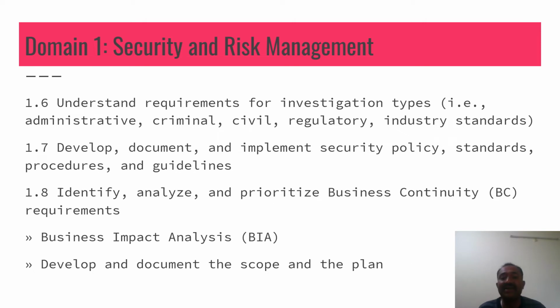Identify, analyze, and prioritize business continuity requirements. As part of the business continuity requirements, there should be a business impact analysis document, which we call a BIA. Develop and document the scope and the plan. Very important.